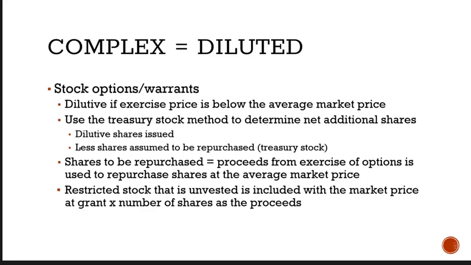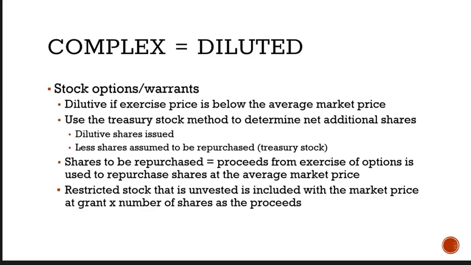So remember, we've already calculated the basic earnings per share. That's our starting point. We have a weighted average shares outstanding on the bottom. We have net income minus preferred dividends on the top, or the numerator of our calculation.